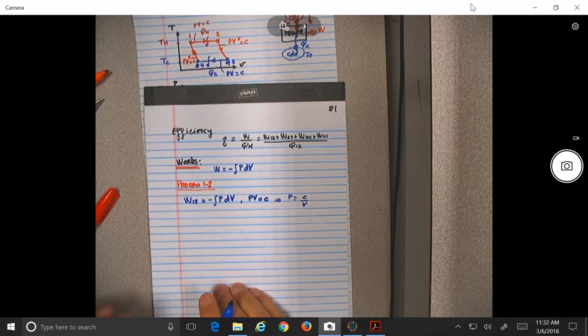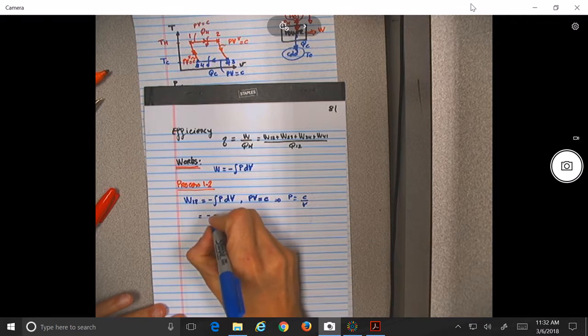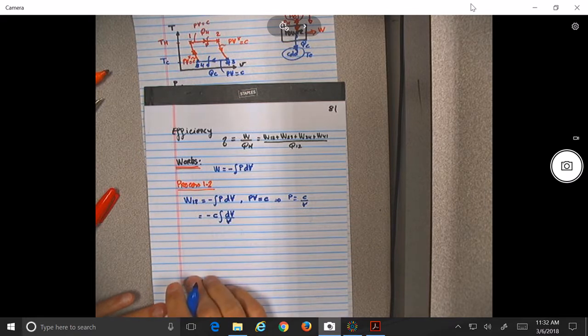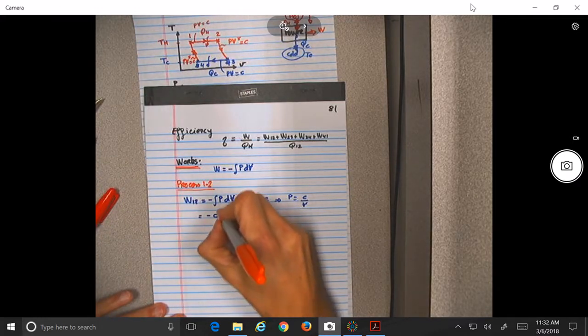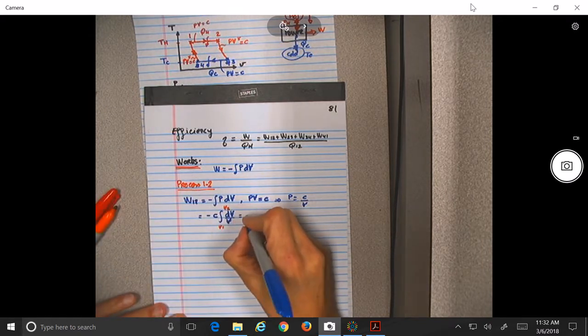Okay, this is a good problem as a review of what we have done so far. So basically that will mean what? This is equal to minus C dV over V. Yeah? And this will be between V1 and V2. So this will give you what?